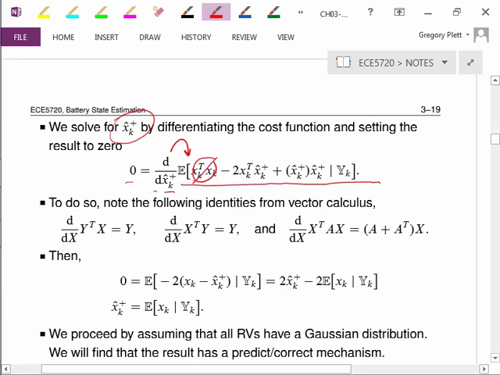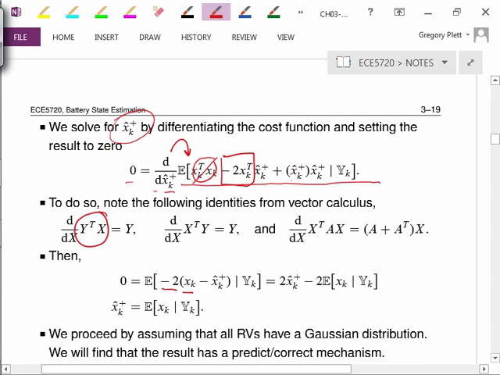Then I look at the term minus 2 x transpose x hat. Well, that looks like this, where y is minus 2x, and the output of that derivative operation is minus 2x.